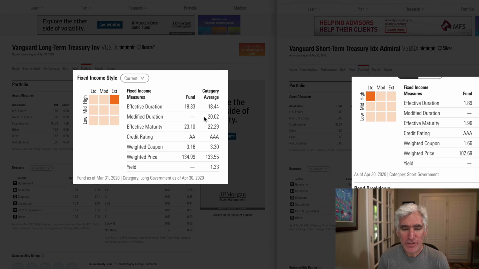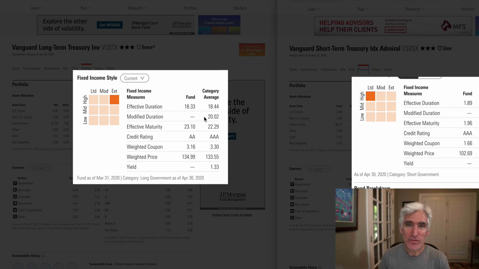As interest rates change by 1%, the value of a bond fund will go up or down by a percent equal to its duration. So for the long-term Treasury fund, if interest rates go up 1%, what's going to happen to the value of bonds? They're going to go down, right? So the value of this Vanguard long-term Treasury fund will go down by roughly 18%. That's a big drop.